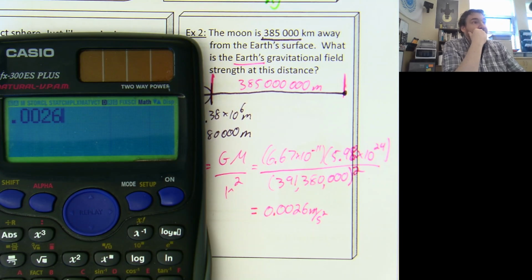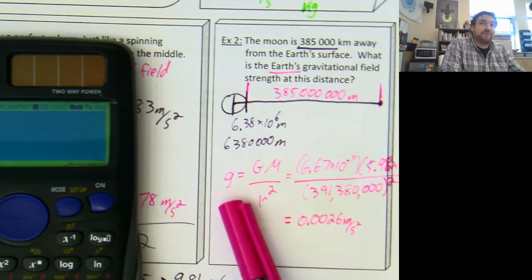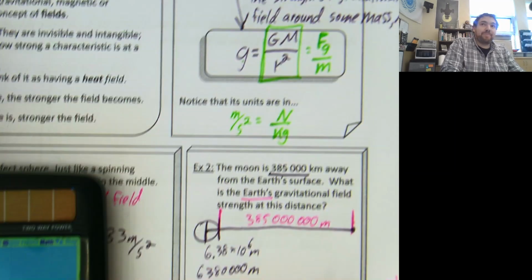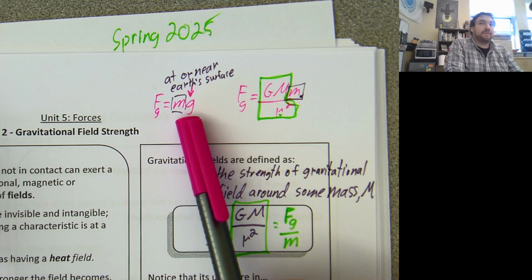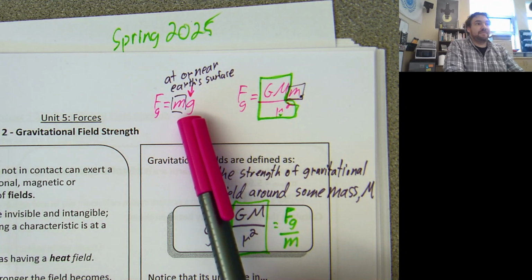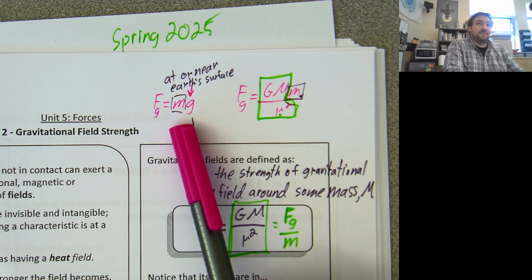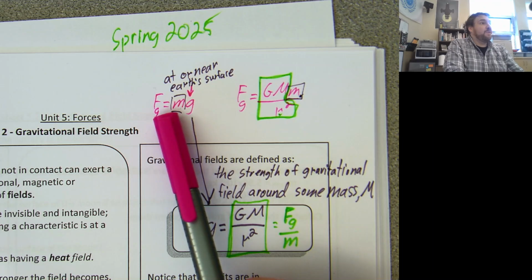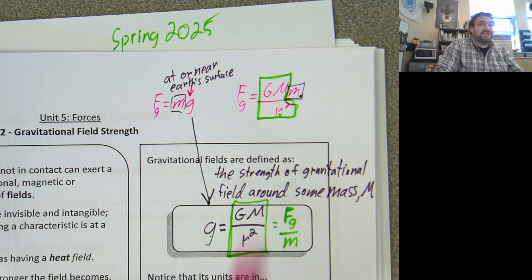How are we going to figure out what the force is that Earth exerts on the moon? We take this little value g and we multiply it by the mass of the object experiencing the gravity.